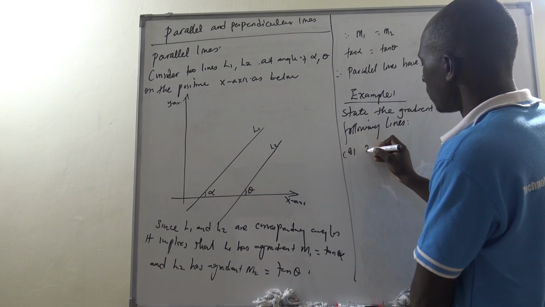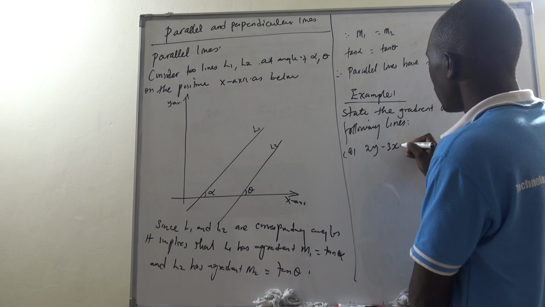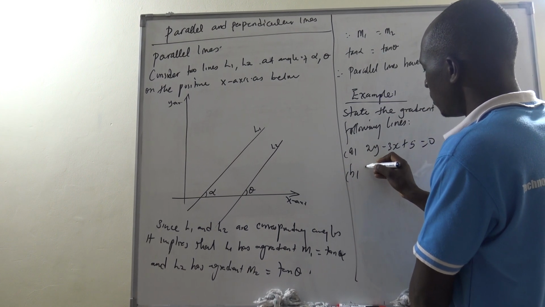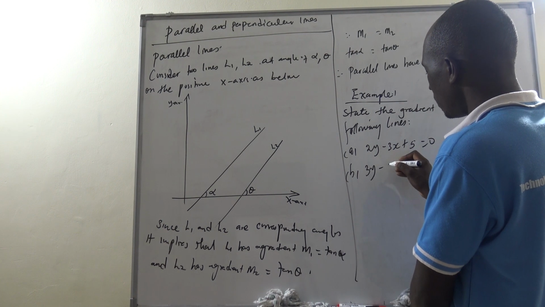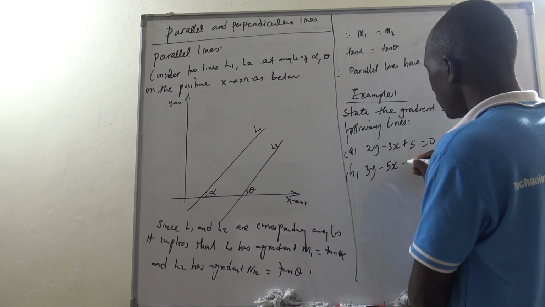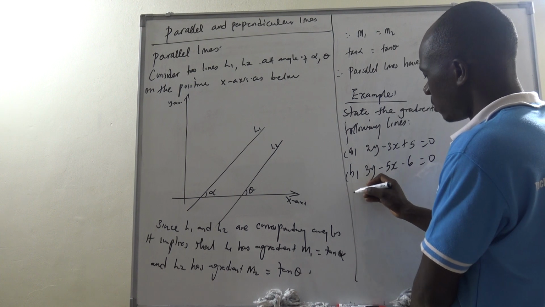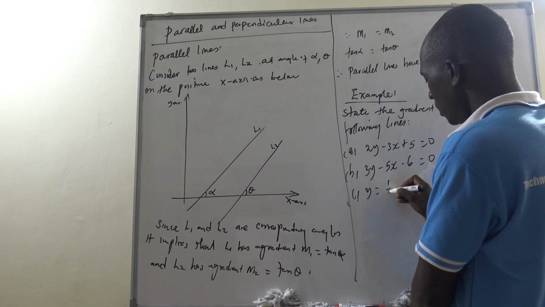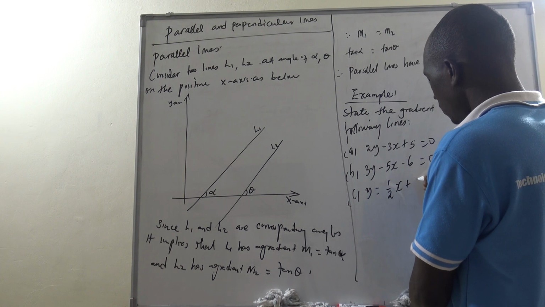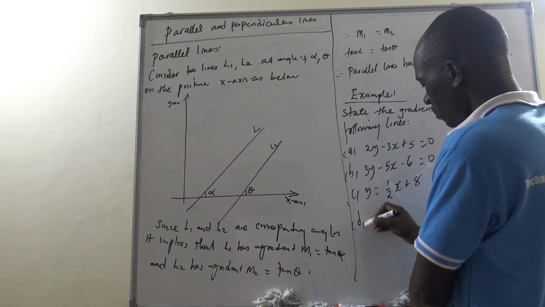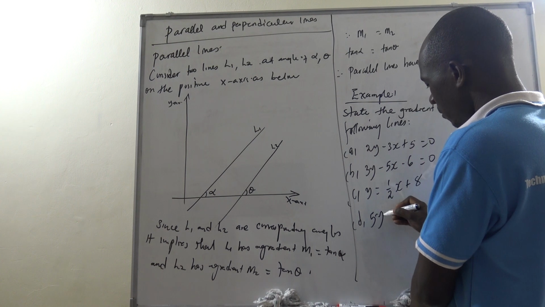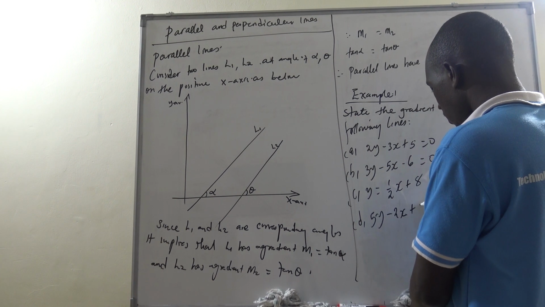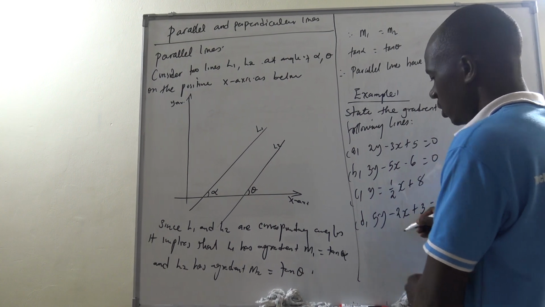Part A, 2y minus 3x plus 5 equals 0. Part B, 3y minus 5x minus 6 equals 0. Part C, y equals half x plus 8. Part D, 5y minus 2x plus 3 equals 0.